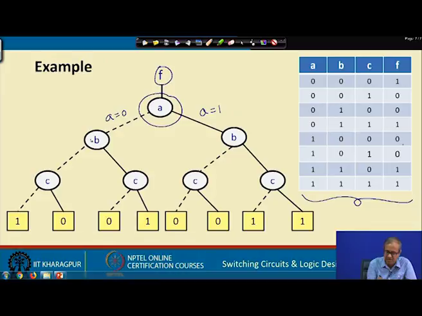Similarly, at the next level I have nodes which are marked by B. On the left this indicates B equal to 0, this indicates B equal to 1, and similarly for the other B node. At the lowest level there are nodes marked C, which indicate the values of C equal to 0 and 1.